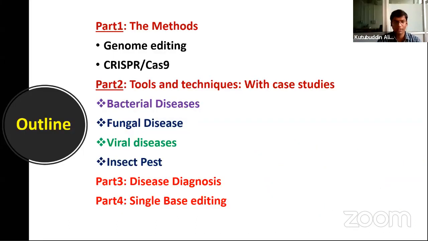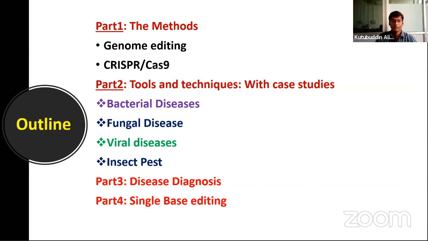Coming to the outline of today's presentation, it is divided into 4 different parts. In part 1, I will briefly introduce what genome editing is and why it is needed, and then we'll talk about CRISPR-Cas9 in a very simplified way. In part 2, I will talk about several tools and techniques with different case studies, like bacterial diseases, fungal diseases, viral diseases, and insect pest resistance.